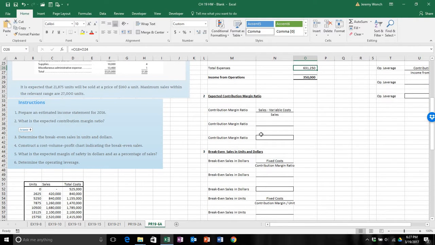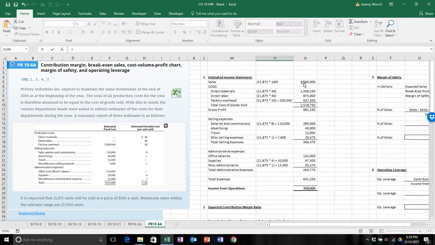And so part 2 asks, what's the expected contribution margin ratio? That's just going to be the contribution margin divided by sales. Our sales is going to be 3.5 million. Our variable cost isn't broken out in our income statement, but we do know the variable cost per unit is 120, and we multiply that times the units we're going to sell at 21,875.